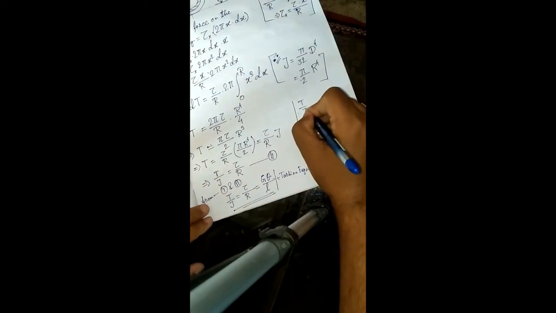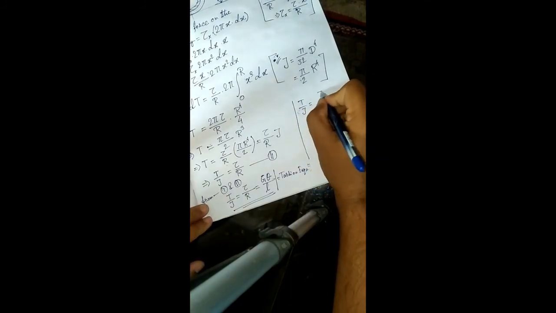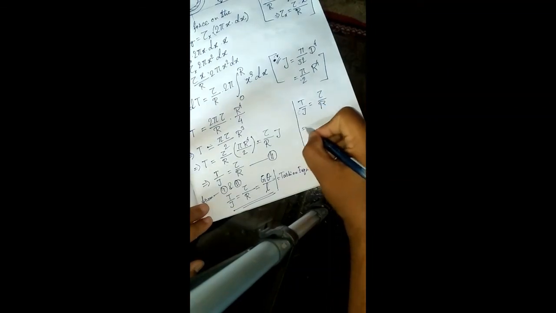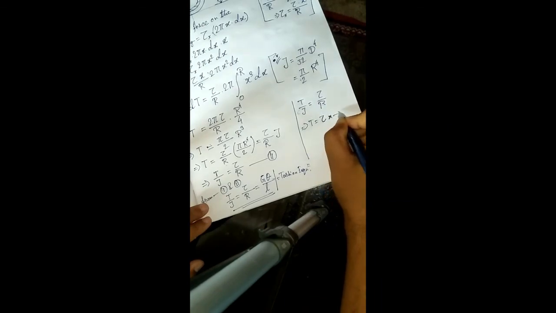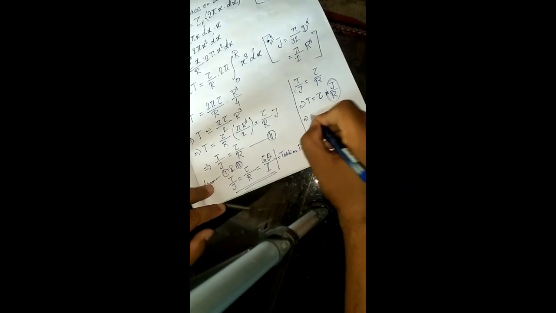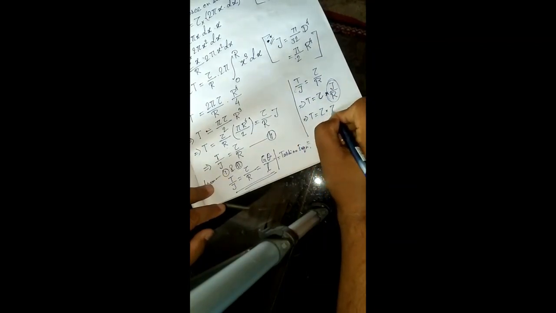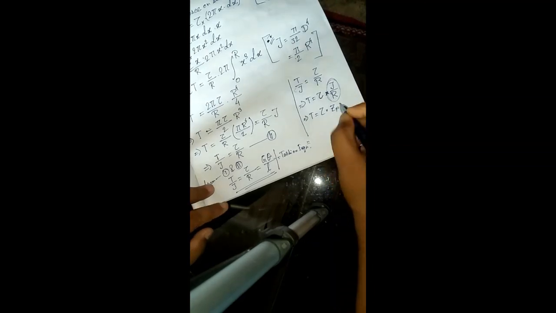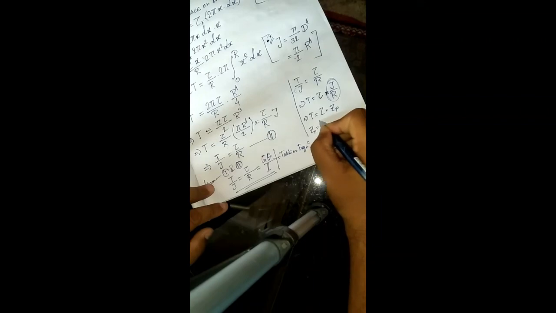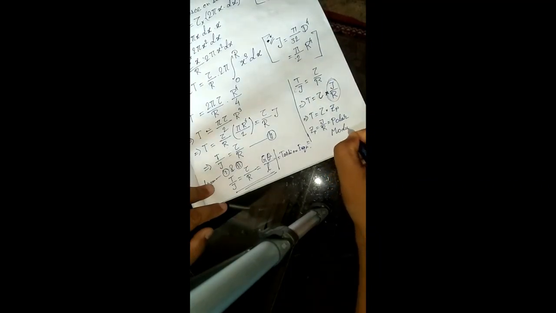From the relation T by J equals tau by R, we can write T equals tau into J by R. This J by R is known as the polar modulus, and it is represented as Z suffix P. So Z suffix P equals J by R is the polar modulus.